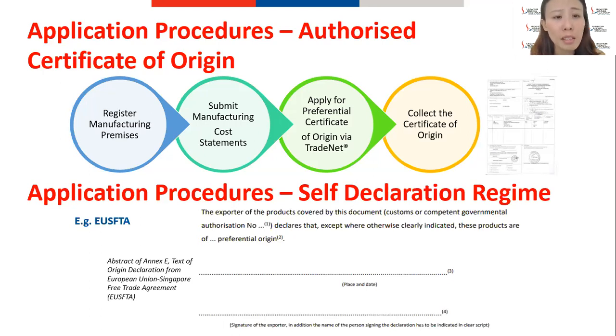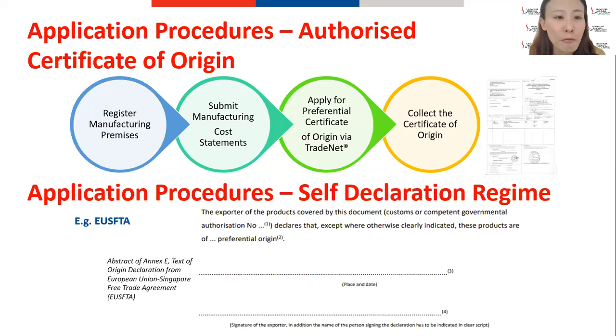Other than the authorized certificate of origin, we actually have the self-declaration regime, such as the Comprehensive and Progressive Agreement for Trans-Pacific Partnership, CPTPP, or the ASEAN Free Trade Area. One of the most recently implemented, the EU-US FTA on 21st November 2019, adopts such a regime too.